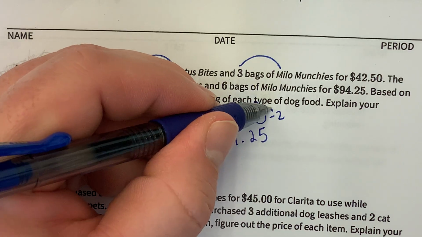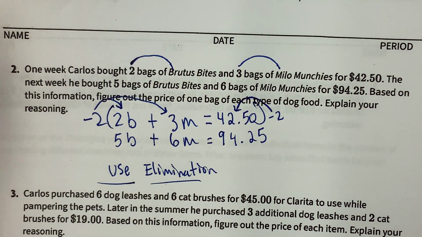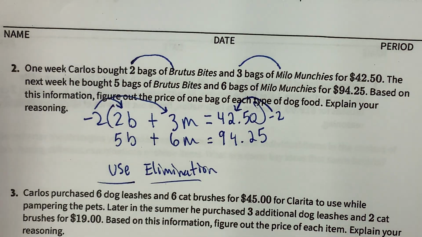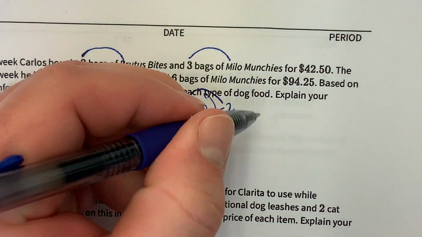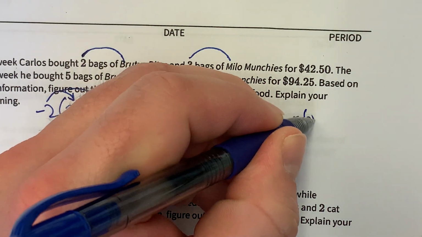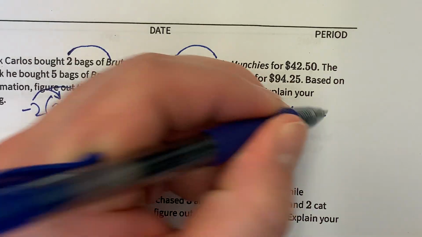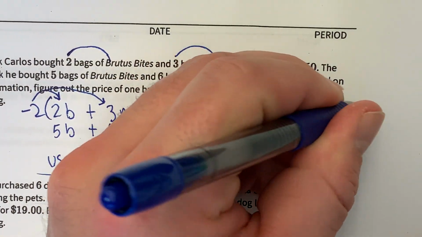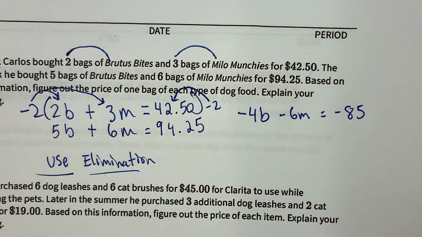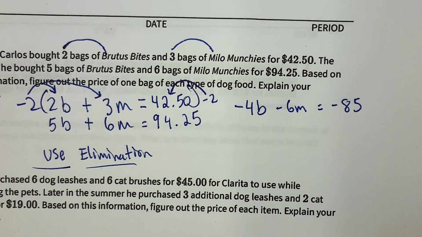And this is going to be -85. So I'm going to rewrite those, okay? -4b, -6m, and a -85. That's my new equation after I multiplied -2 inside.